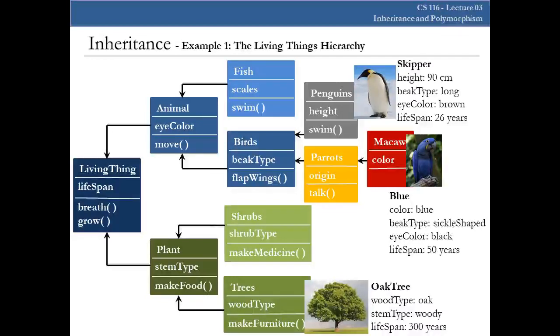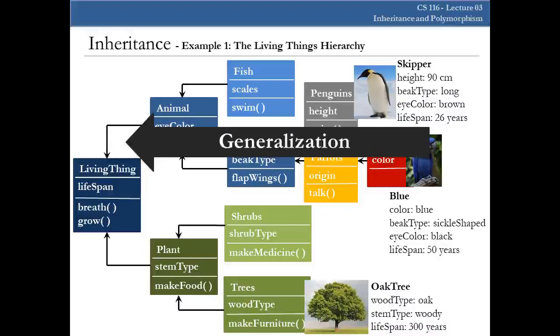Now I just want to add one more concept here actually. This is a hierarchy of classes, right? If you see this hierarchy from bottom to top, in fact in this case from right to left, you'll see the concept of generalization here.